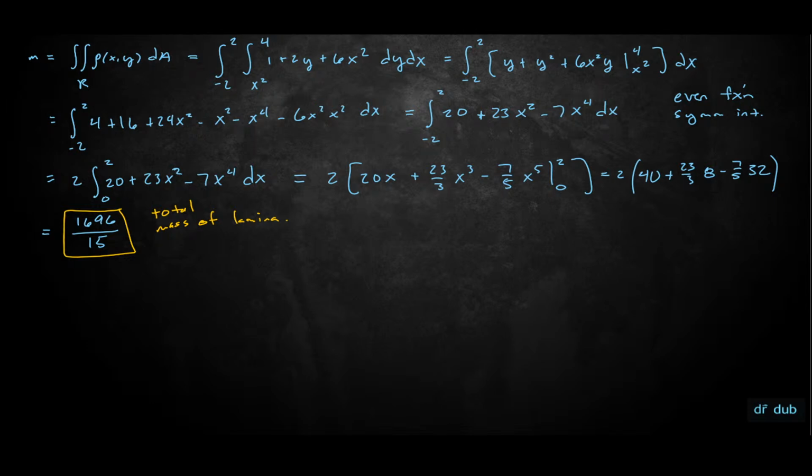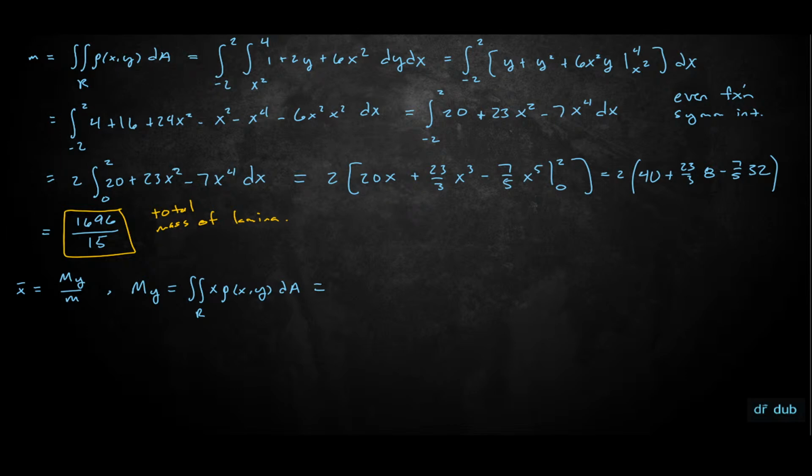Okay, now to get x bar, we know x bar is equal to M sub y over M. Well, we have M, now we just need M sub y. So M sub y is the double integral over the region x times rho of xy dA.